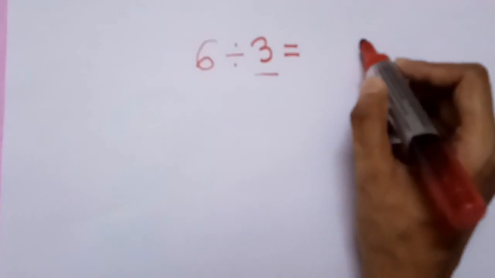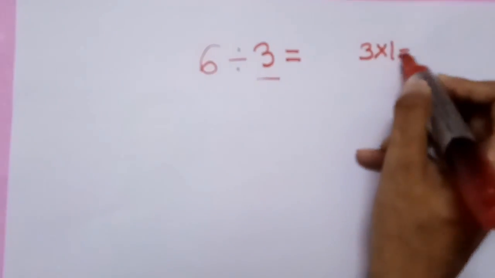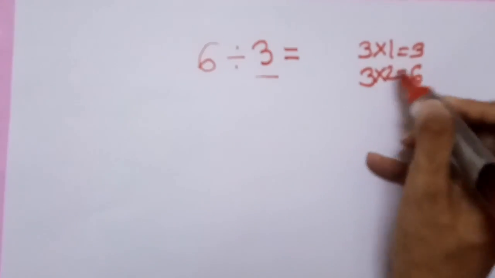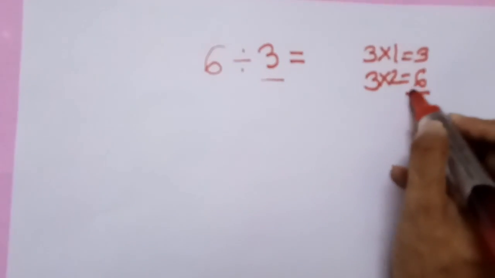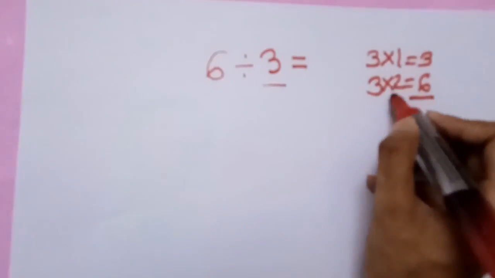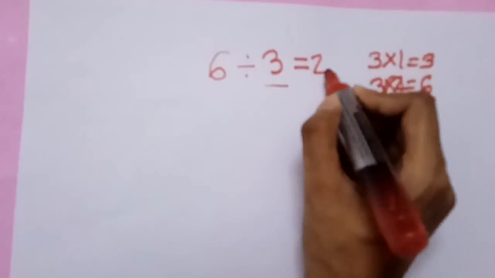Let's try. 3 ones are 3, 3 twos are 6. We got 6, so we will stop. We will not recite again. 3 threes are 9. So the answer will be 2.